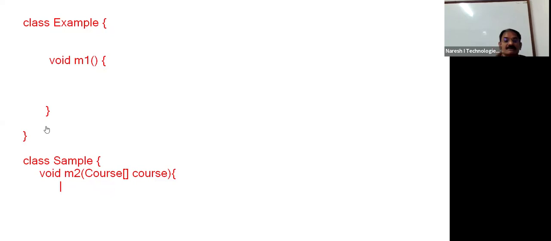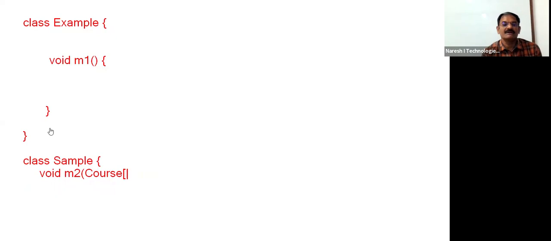If I want to search whether a particular named constant is available or not, I have to write the logic on my own. And if you want to remove, I have to write my own logic. So if you take an array as an argument, it doesn't support inbuilt methods to perform different operations. Then choosing an array as a parameter is not a good idea.